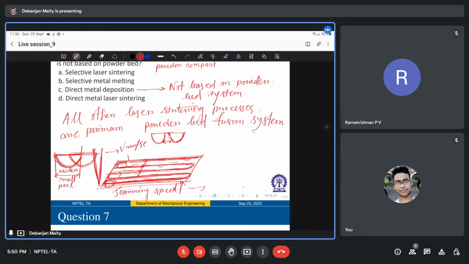So as I was saying, from the laser head itself, there is some kind of slot through which you spread your powders, and at the same time it gets melted due to the laser, and whenever it gets deposited, it is deposited in terms of a melted layer, like this.